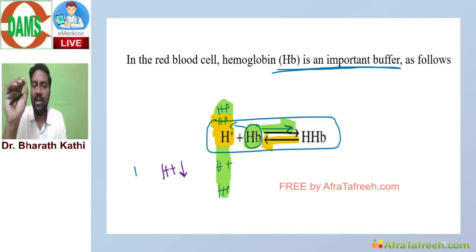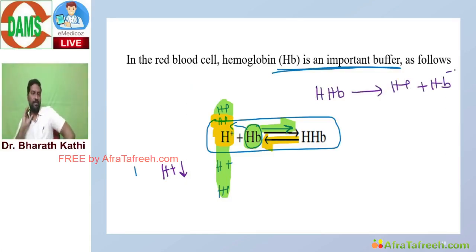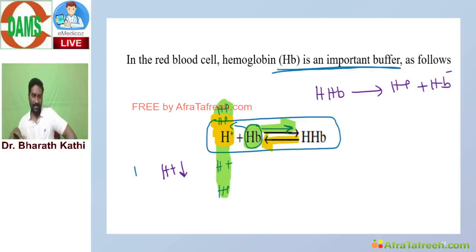Whenever there is excess H plus, hemoglobin consumes that H plus and minimizes the change in pH. Whenever there is less H plus in your body, this HHB releases H plus and it will try to maintain the pH. In the red blood cell, hemoglobin is also an important buffer. This is how it acts. It either accepts H plus and minimizes the change in pH, or releases H plus and minimizes the change in pH.